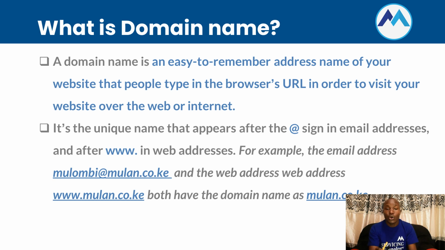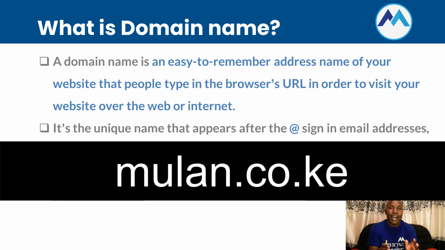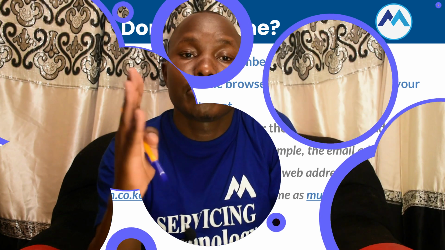For example, the email address mulombi@mulan.co.ke and the web address www.mulan.co.ke both have the domain name as mulan.co.ke. Domain names are translated into special IP addresses by the help of the domain name system.